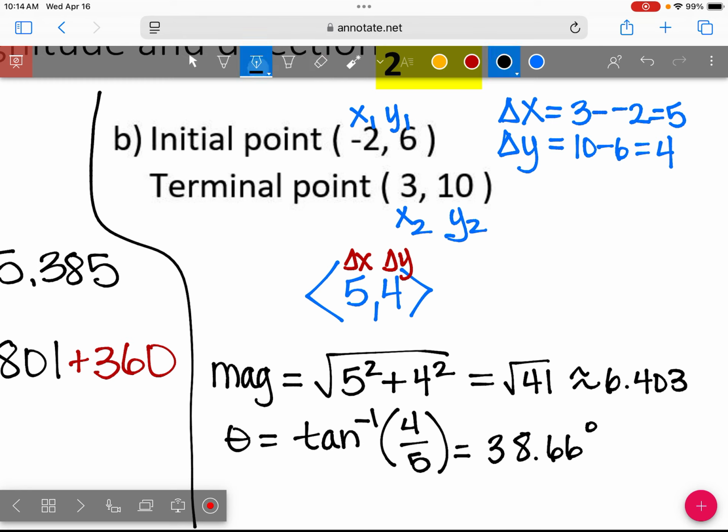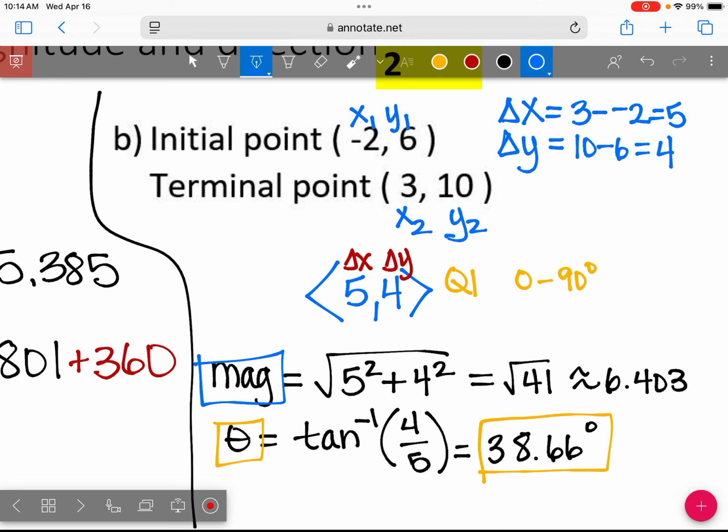Now, I have a positive delta x and a positive delta y, which means that I need a direction that falls somewhere in Q1. So my answer should be between 0 and 90 degrees. And that's what I got, so I don't need to add anything to it because we are within our range.